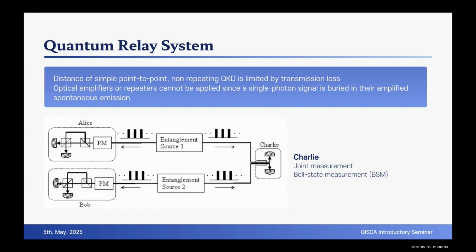Based on Charlie's results and their own measurements, Alice and Bob can generate a shared secret key, even though they never directly exchange photons. This way, QKD becomes possible over longer distances without amplifying or regenerating the quantum signal directly.